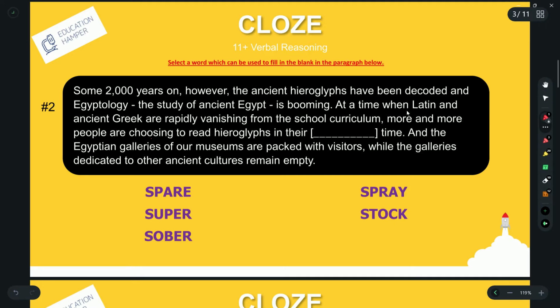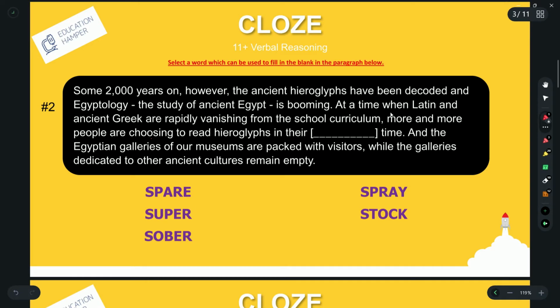At a time when Latin and ancient Greek are rapidly vanishing from the school curriculum, more and more people are choosing to read hieroglyphs in their blank time. So understanding Egyptology in the school curriculums has really taken off.